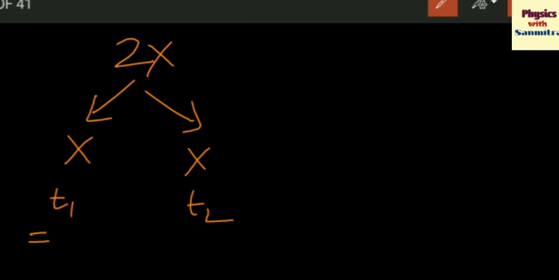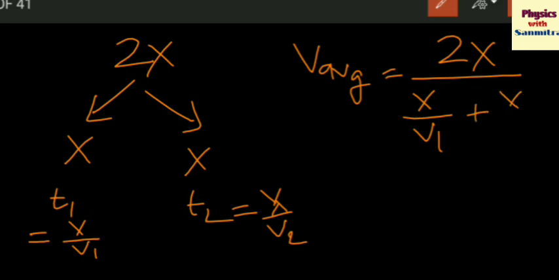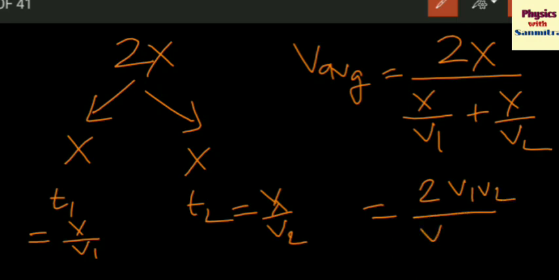T1 will be x by v1. T2 will be x by v2. What is the average speed? Average speed is total distance, that is 2x, by total time. Total time is t1, that is x by v1, plus t2, that is x by v2. So x and x will cancel, and we get 2v1v2 by v1 plus v2.